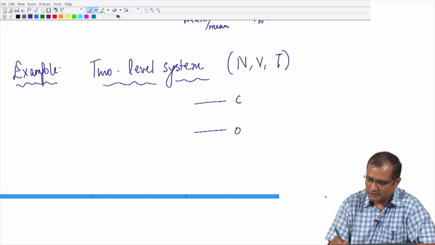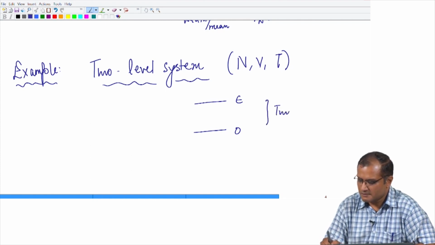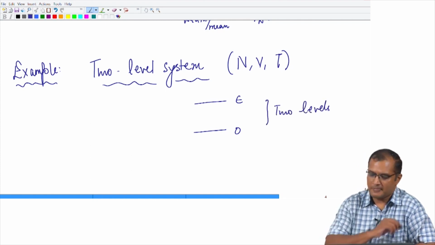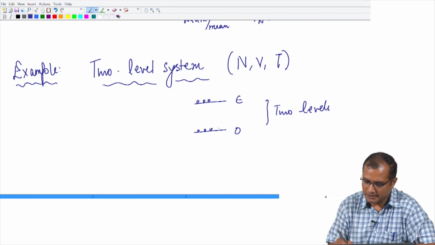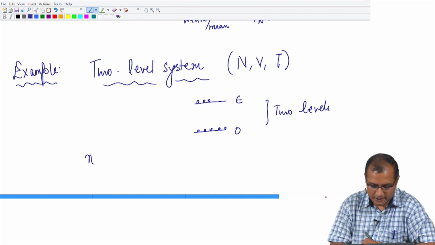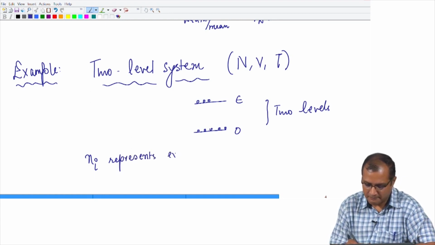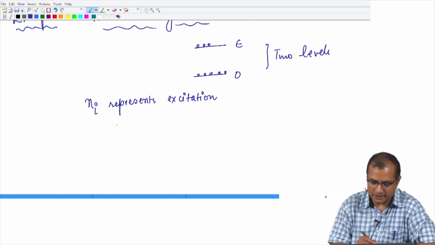Okay. So, our 2 level system is back, and let us remember the 2 level system. You had 2 energy levels, 0 and epsilon, for simplicity. So, you had 2 levels, and let us say you have some particles here and some particles in the ground state, and suppose I pick up any particle i, then Ni represents excitation, meaning that our Ni can have values either 0 or 1.